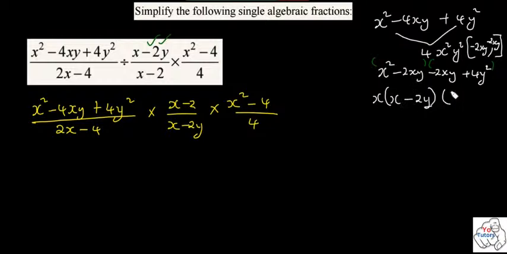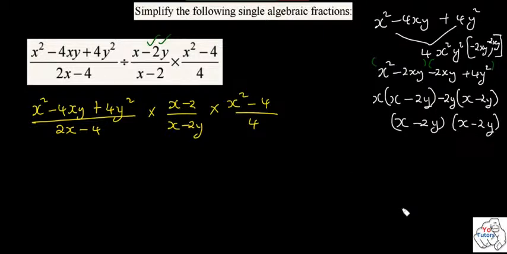Then here it's going to be -2y, then x minus 2y. So our answer should be x minus 2y, x minus 2y. That becomes our final answer.